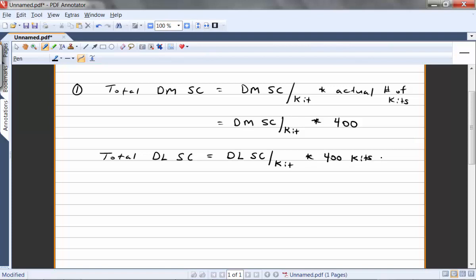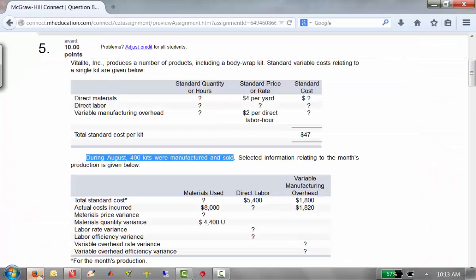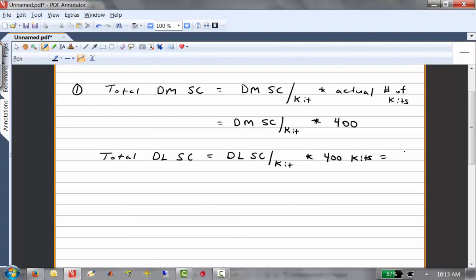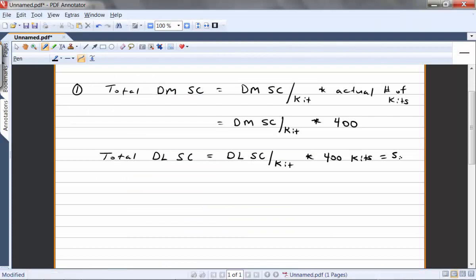And we know that equals, they told us what that equaled, 5,400 was what we should have spent for labor for these 400 kits that we made. So we can get the direct labor standard cost per kit. It's just 5,400 divided by 400. Or if we calculate that real quick, 13.5.